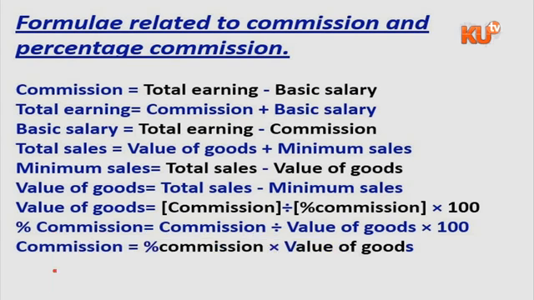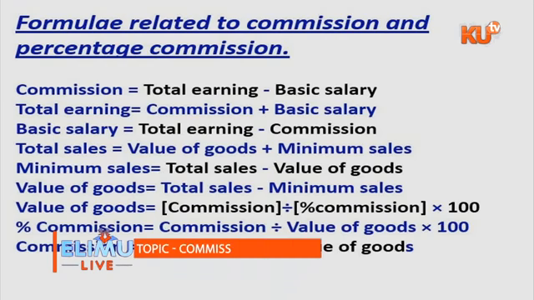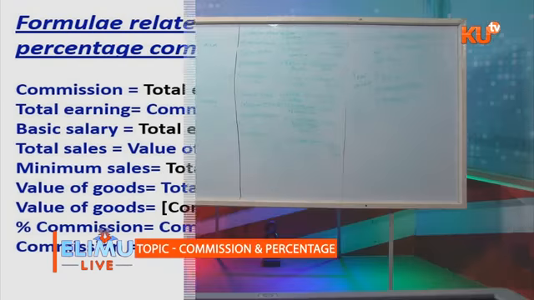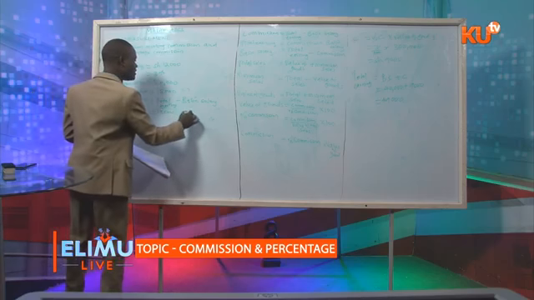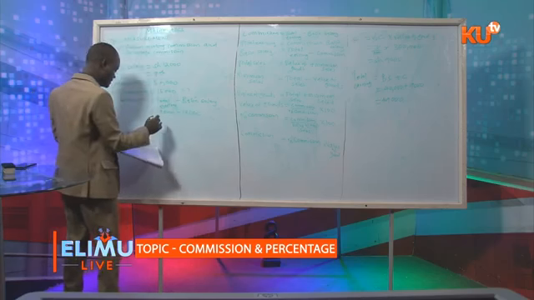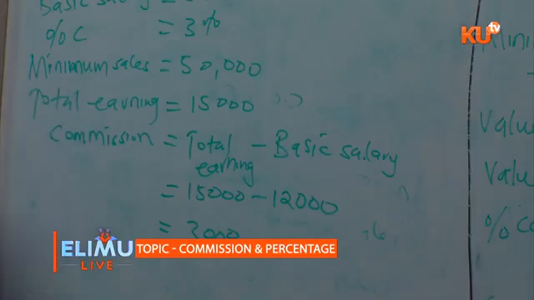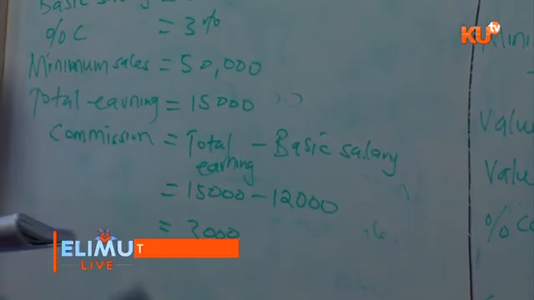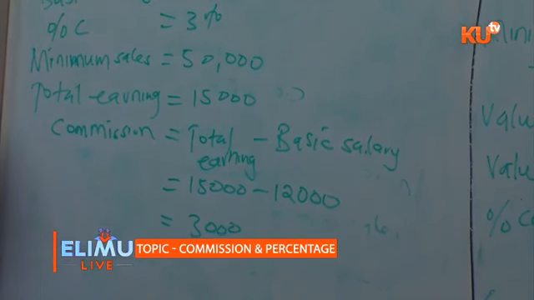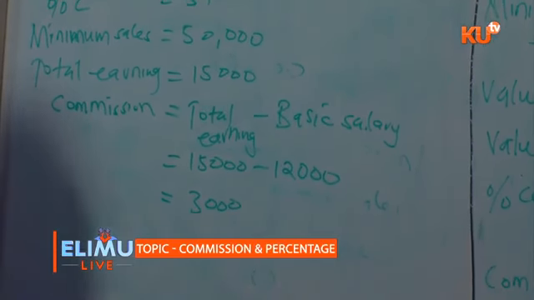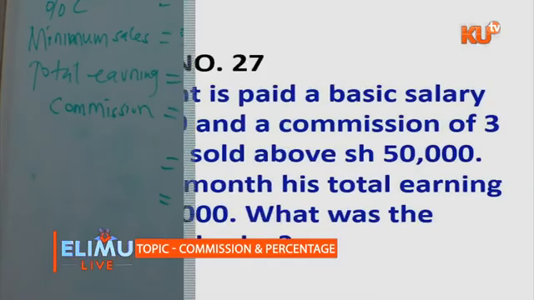So the total earning, according to this question, we were given as 15,000, then minus basic salary, which was 12,000. So when you subtract that, you're supposed to get 3,000 shillings. And then after getting the commission, then we find the value of goods.